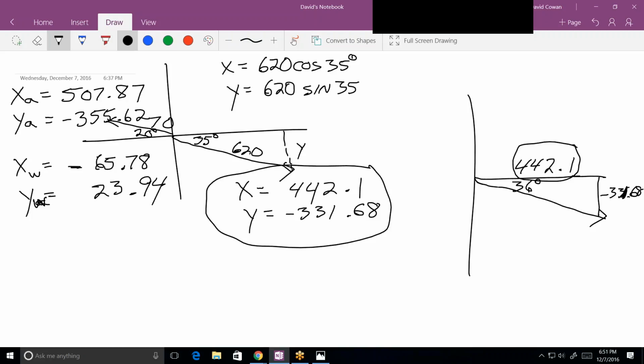So we have to figure out the actual speed of the airplane based on those two numbers. Okay, so cosine 442.1 over x. The cosine of 36 is equal to 442.1 over x. So x becomes 442.1 divided by the cosine of 36.